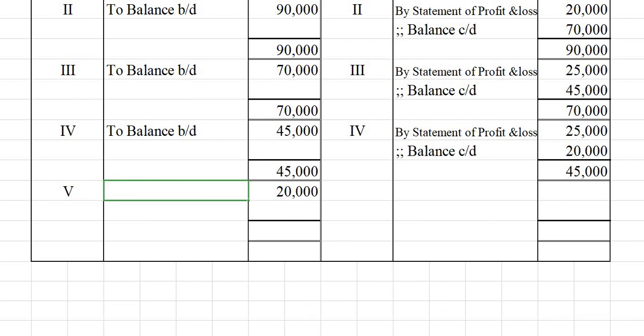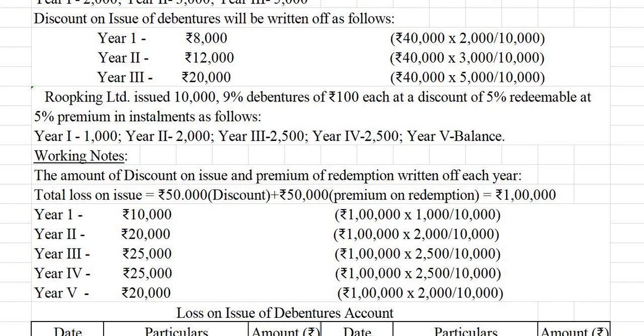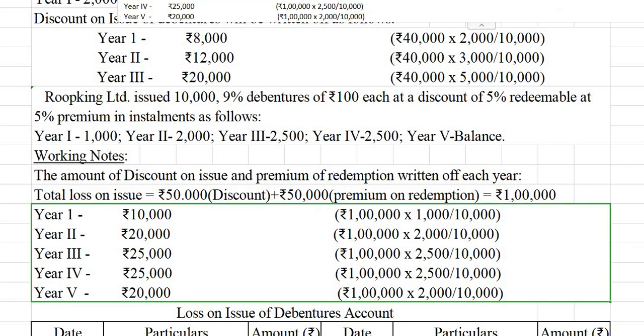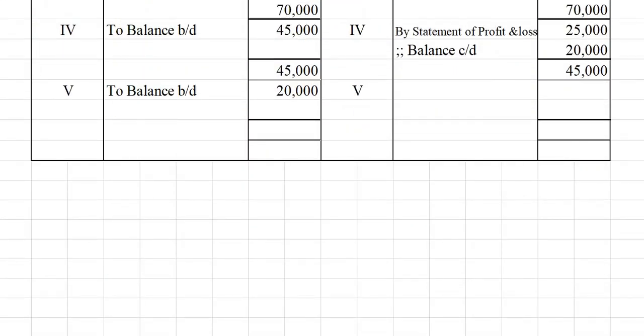So by balance, to balance brought down, this year also we have to write off 20,000 rupees, that is the balance amount. Here the balance amount in the fifth year we have calculated as 20,000. So let us write down that 20,000 will be written off from the profit and loss account.